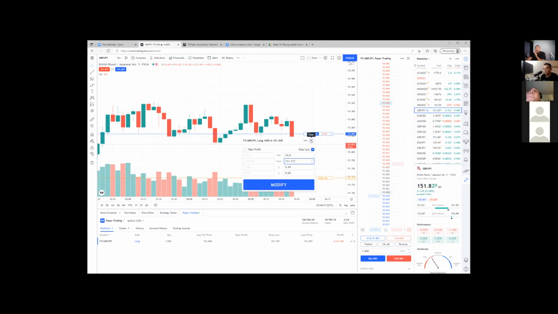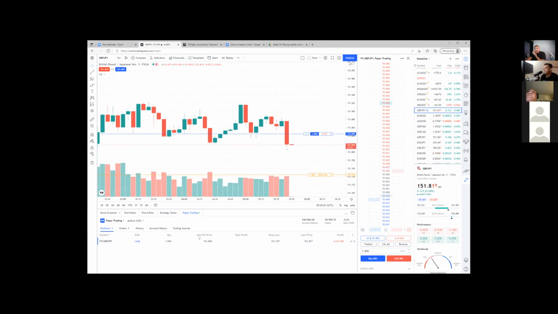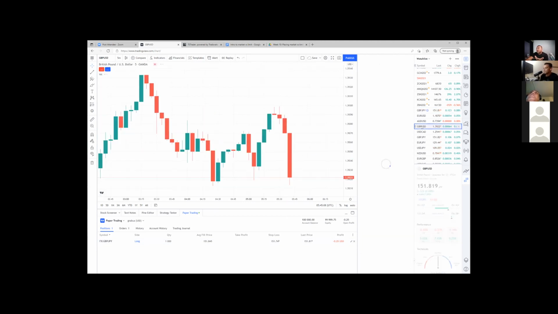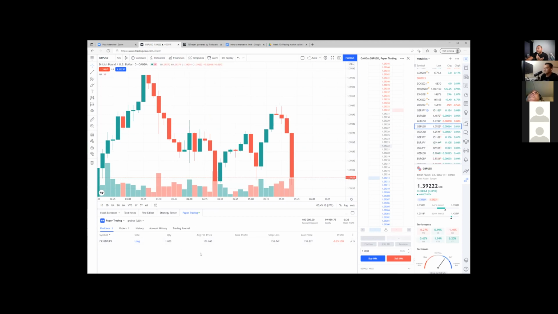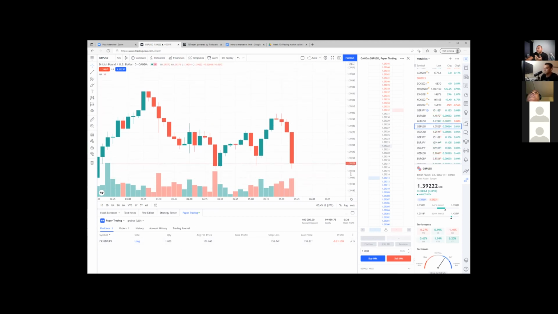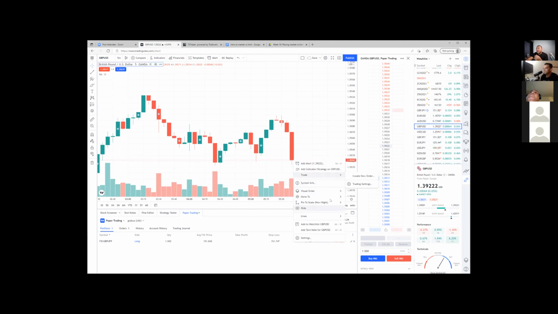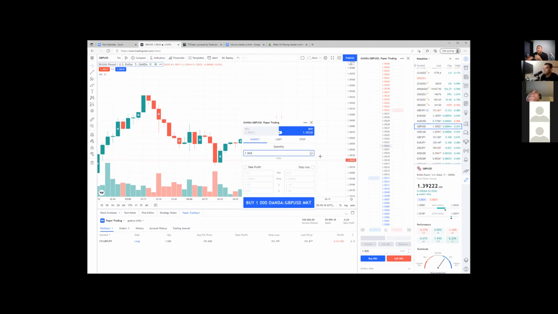Super easy nowadays. But that's exactly what we went over. Market orders: say I want to go into a different market, and there's a big bar on the pound USD. I'm going to new order, I'm going to market.